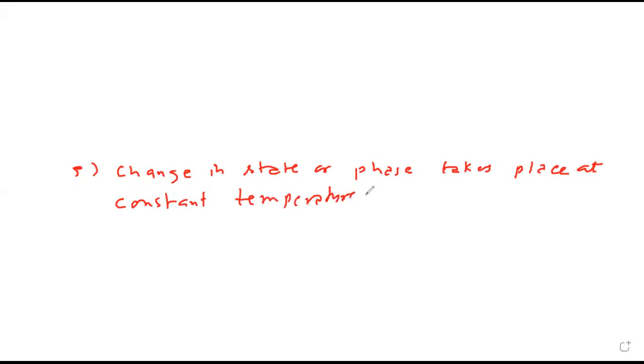Hence, it is an isothermal process. So solid becoming liquid or liquid becoming gas at constant temperature is an isothermal process.